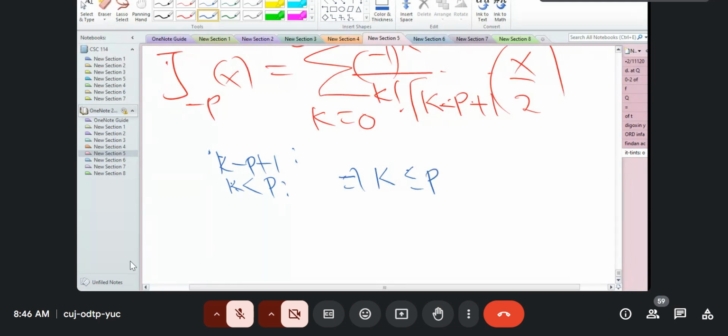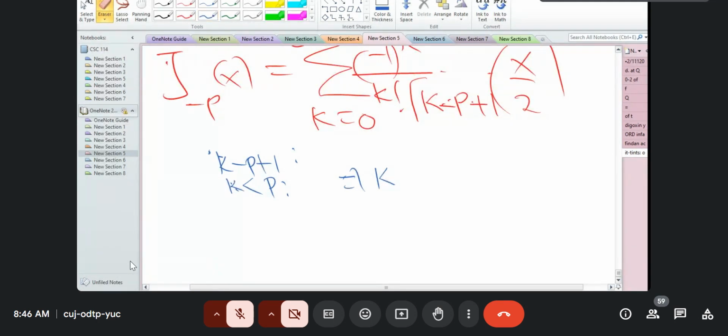So we have to specify that k should be greater or equal to p. If k is equal to p, then we have p minus p is 0 plus 1.